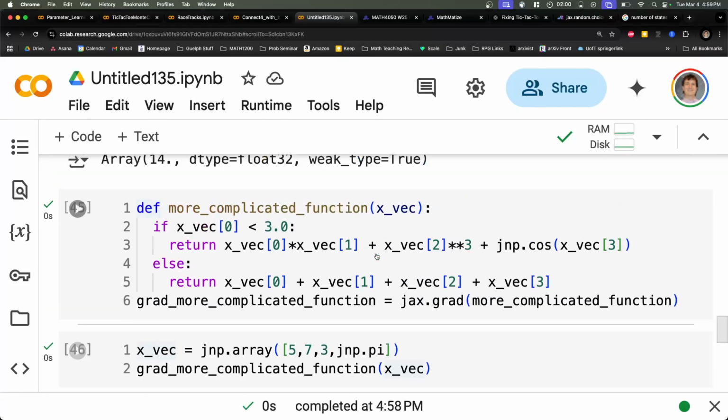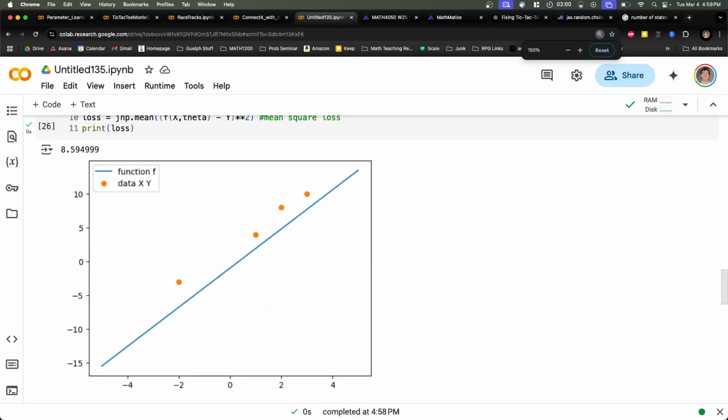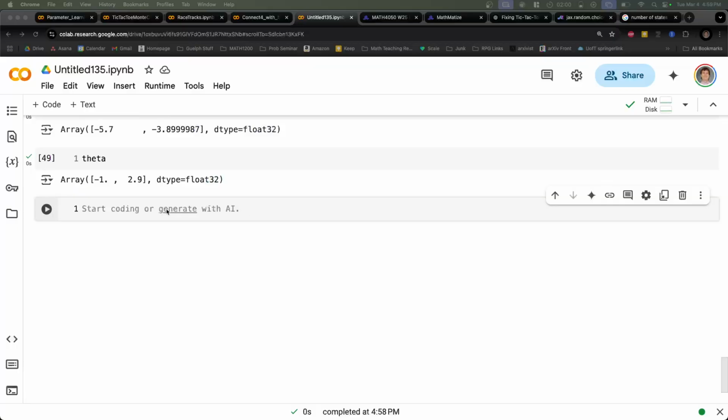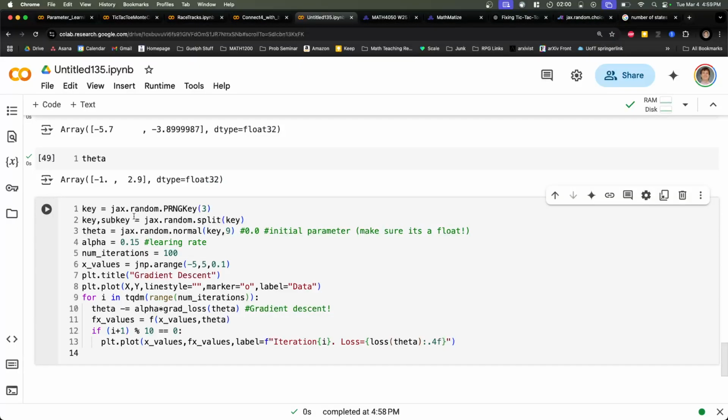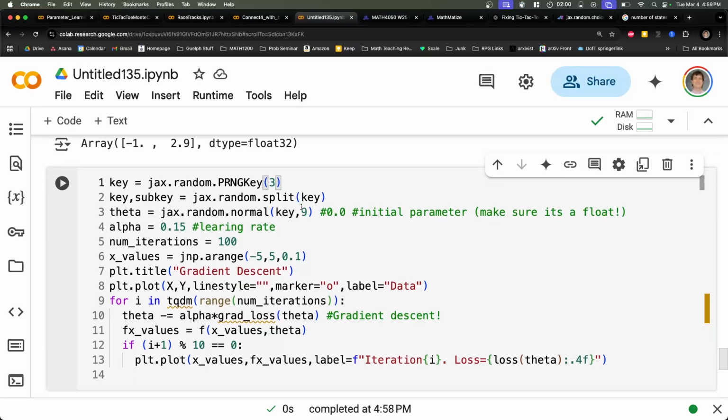Let's go back up to the picture so we can plot it again. Actually, I'm just going to copy and paste my nice plotting, which does all the things we wanted. This is just doing the gradient descent, plotted nicely. There's some stuff to make a random key. JAX also has you use random keys when you make random numbers. I want it to be 2 numbers.